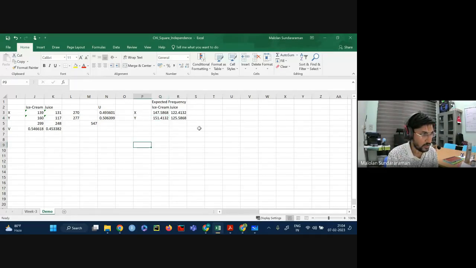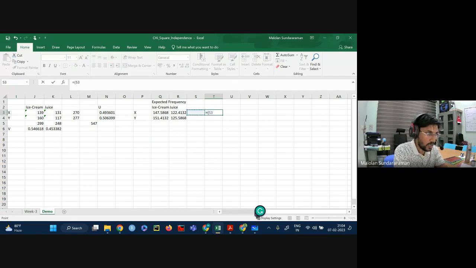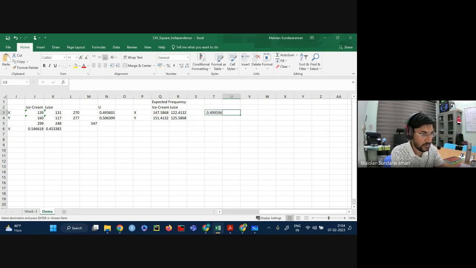So obviously your chi-square is nothing but observed minus expected, the whole square divided by expected, and the sum of all of this.